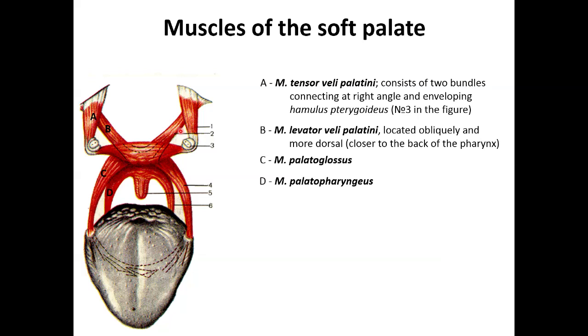So two muscles are superior to the palate, two muscles are inferior to the palate, and the last, number 5 muscle, is inside of the palate. It is musculus uvulae, letter F or number 5.